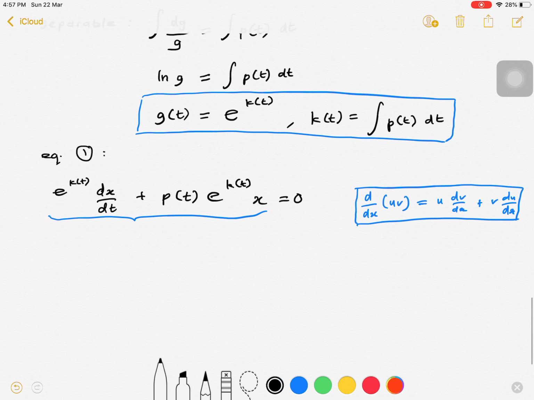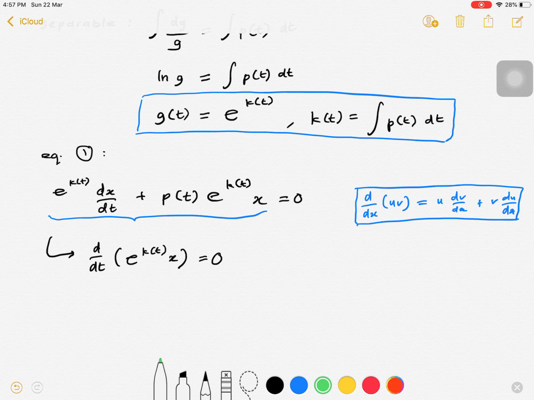So to make things short, we will have the final answer for d/dt. The uv is equal to e^(kt) x equal to 0. So when we simplify it, we will get this answer. You can try it by yourself. It's simple.